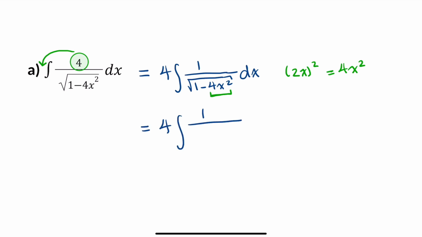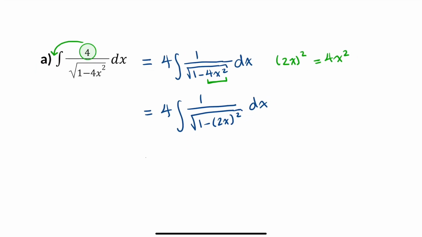So we're going to say 4 multiplied by the integral of 1 over the square root of 1 minus 2x all squared. And now this follows that format. So we're going to say 4 multiplied by arc sine 2x plus c.